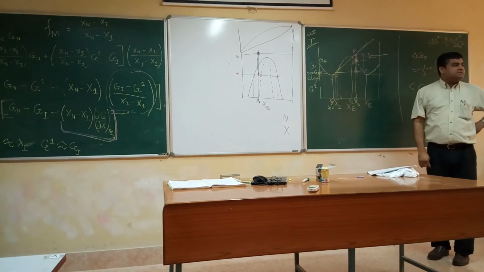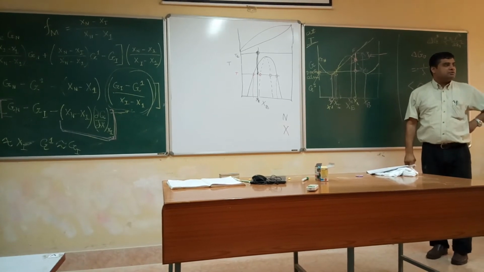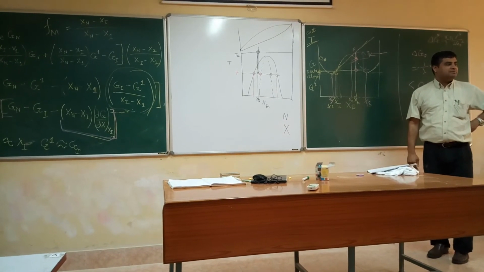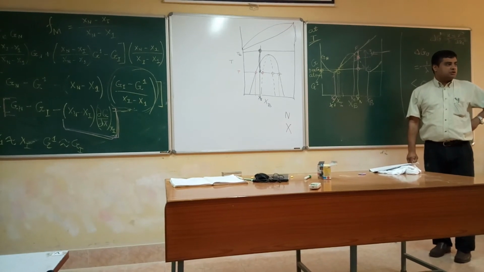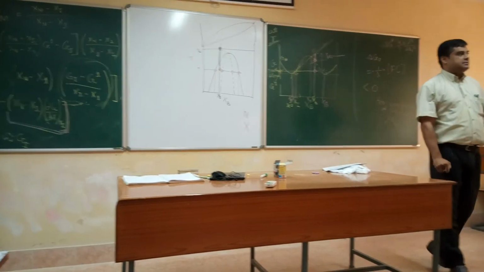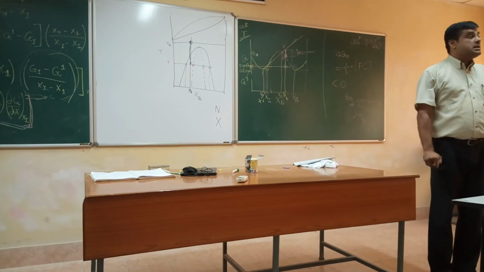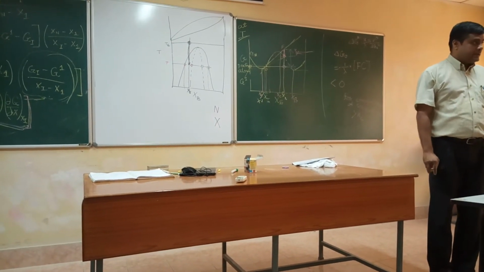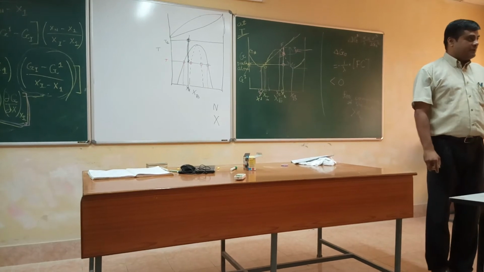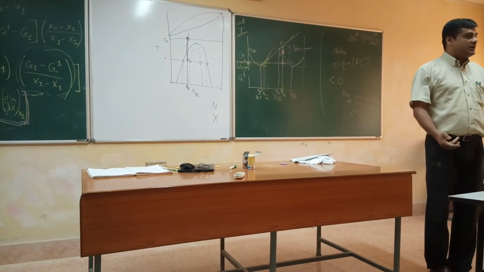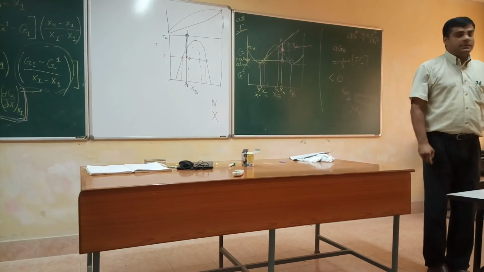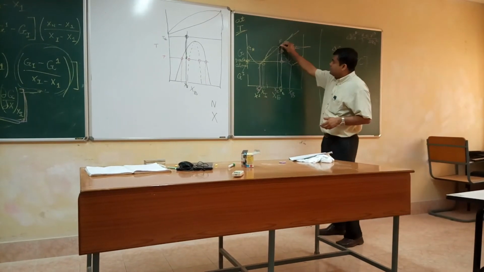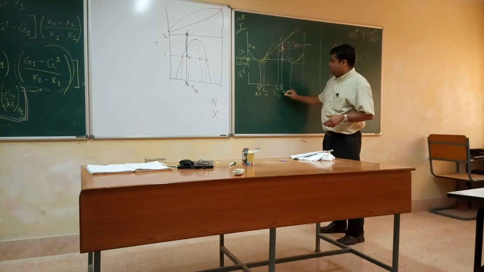Where is delta GV maximum? At which composition of the embryo is delta GV maximum? Xn. But Xn is a variable. For what Xn value is delta GV maximum? Xn I can put anywhere. Xn is a variable.